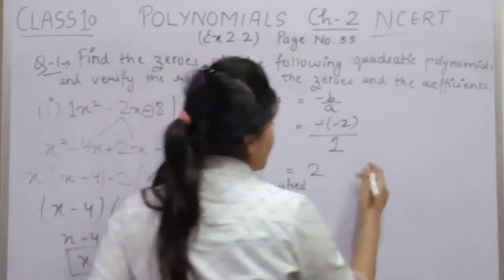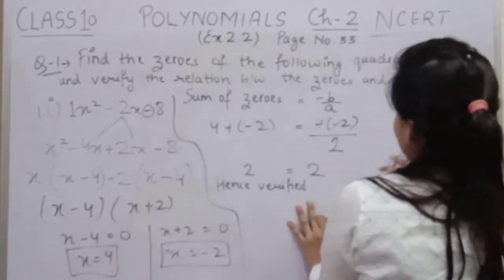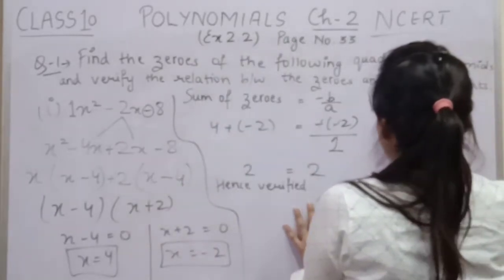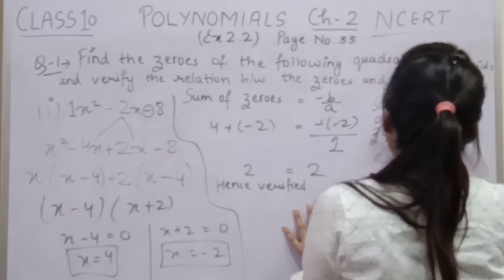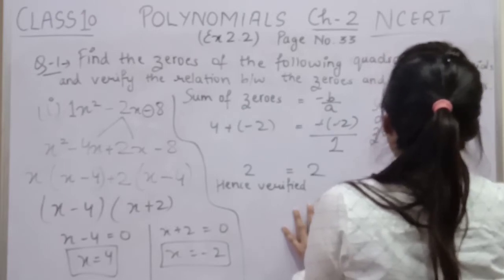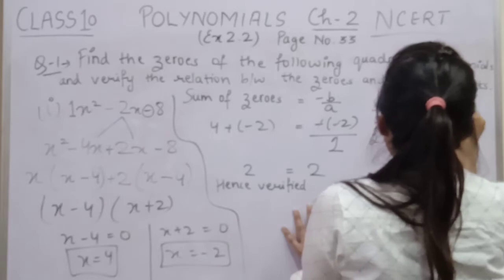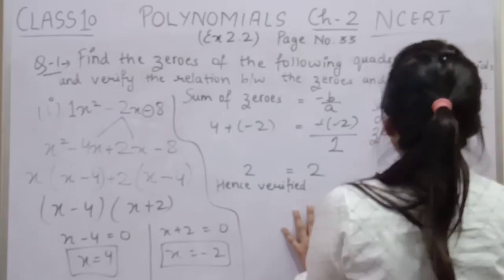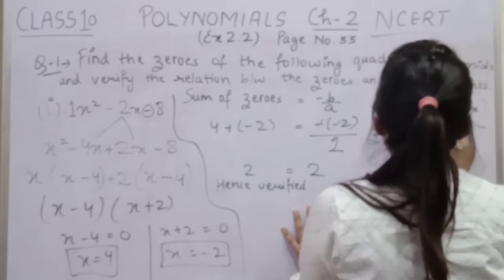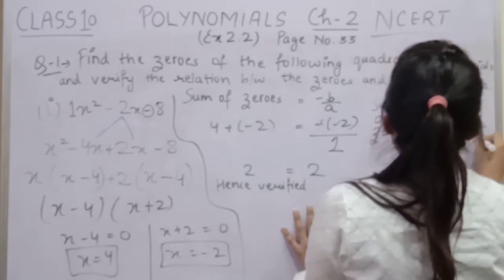Right, and what we can say, hence verified, and we can say that sum of zeros equals to minus coefficient of x upon coefficient of x square.